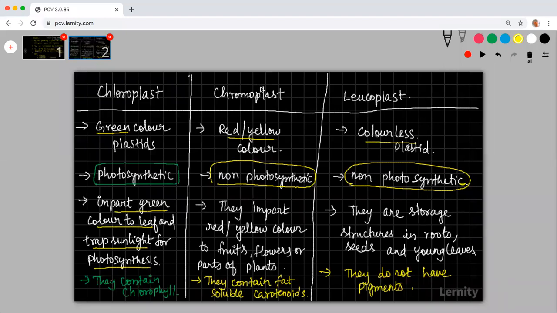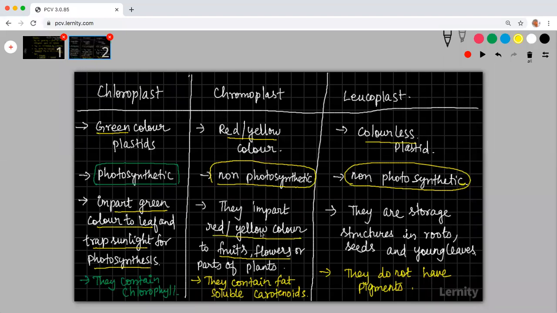Whereas chromoplasts are not found predominantly in leaves. The chloroplasts are predominant in leaves. But the chromoplasts are predominant in structures like fruits or flowers which have red, yellow, or orange colors.